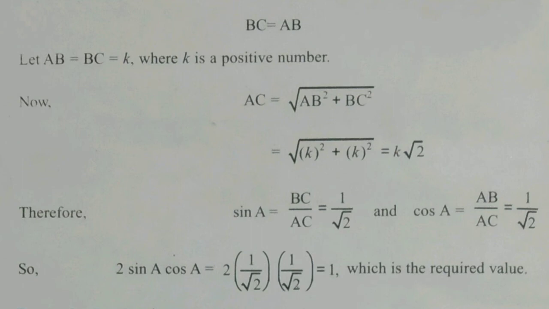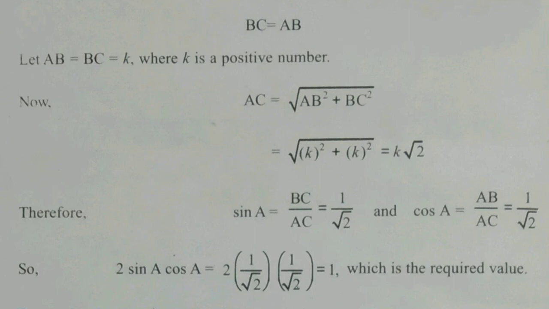Now, applying Pythagoras, we can find the hypotenuse AC, which works out to K root 2. According to the definition of sin A, which is opposite side upon hypotenuse, BC upon AC works out to K upon K root 2, which is equal to 1 upon root 2.